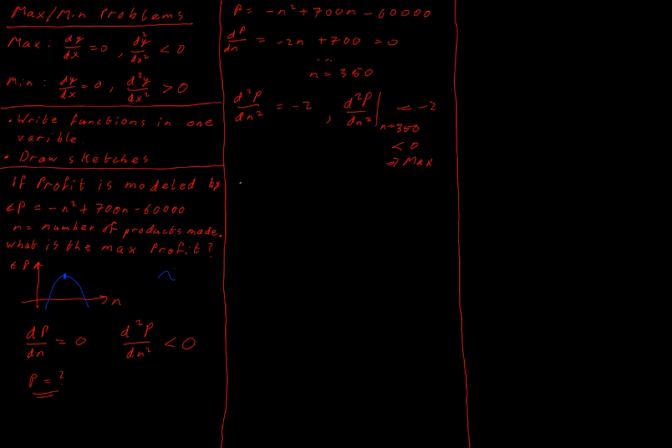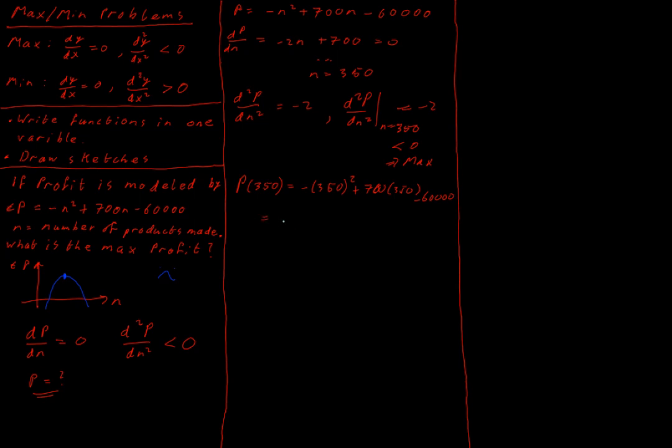Now I have to go back to my profit function, and I have to sub in my value for n. So this is p in terms of n. So I'm going to have -350 plus 700 on 350 minus 6,000.